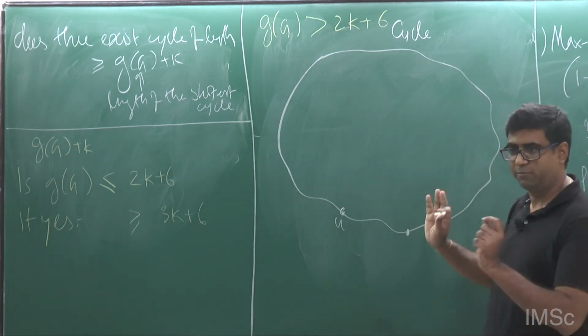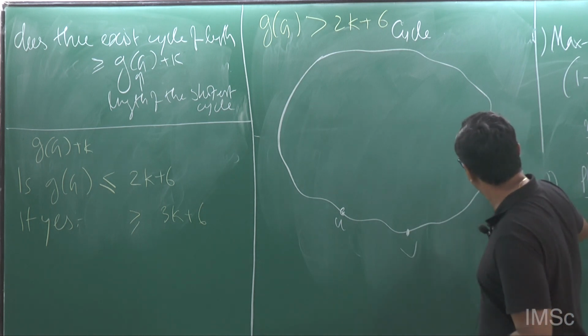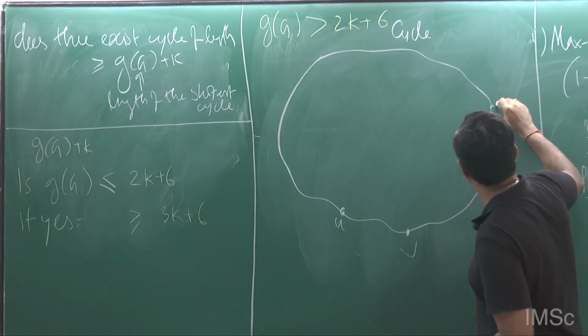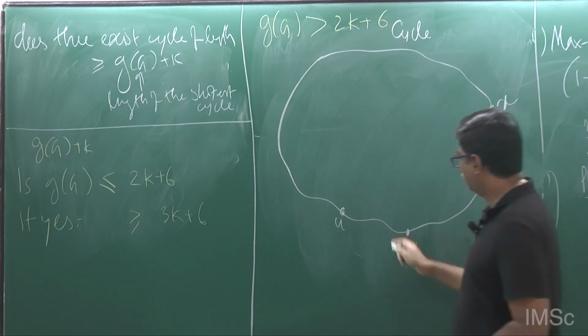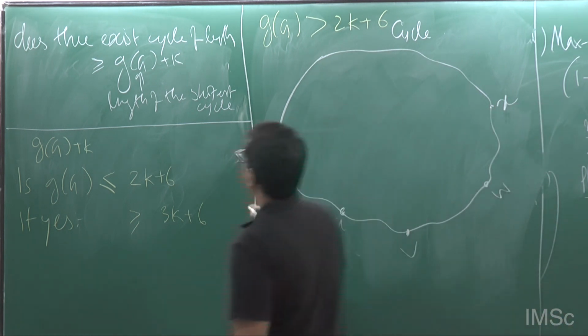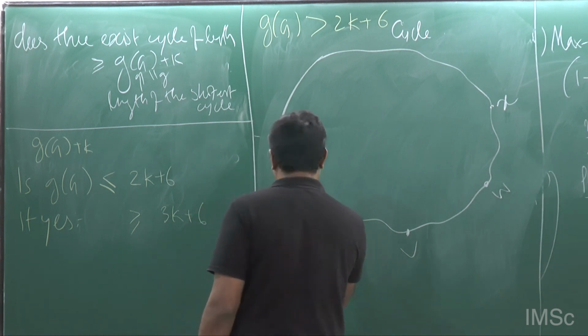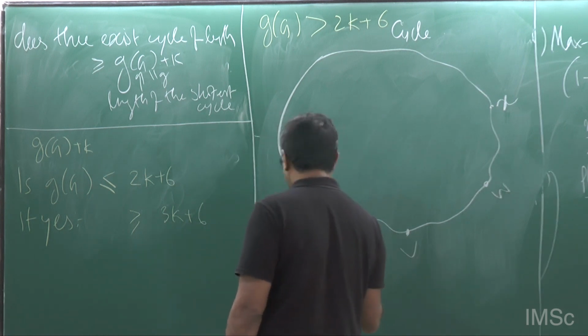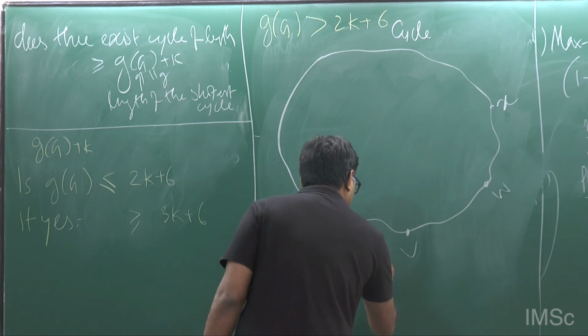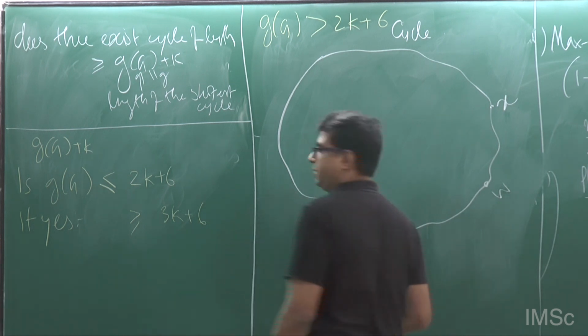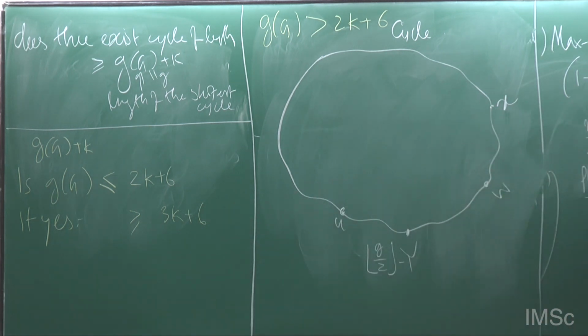For now, suppose I pick vertices u, v, w, x. Let's call the girth g. So I start from u, I traverse towards v, and v is the g by 2 minus 1th vertex.